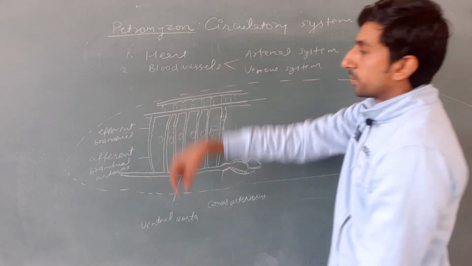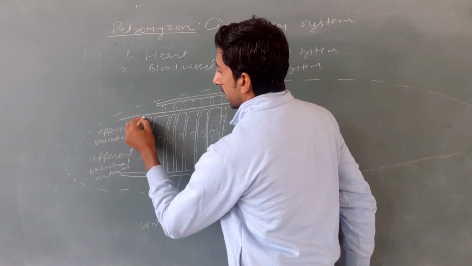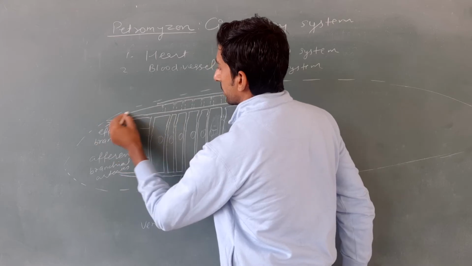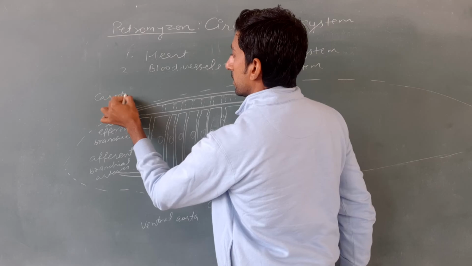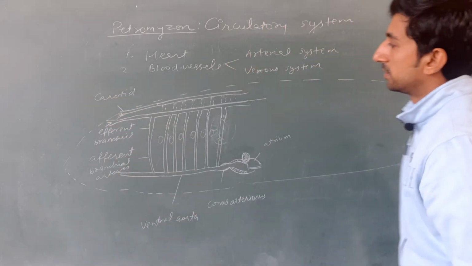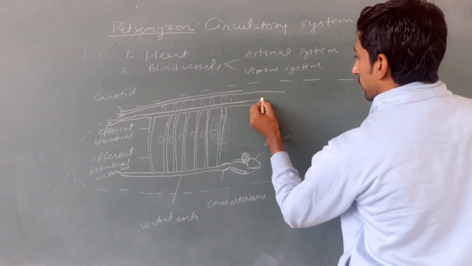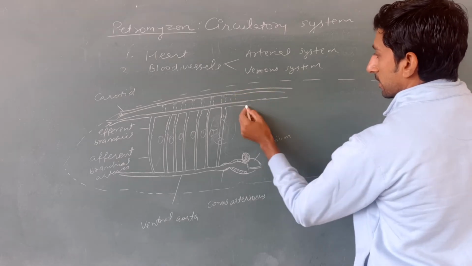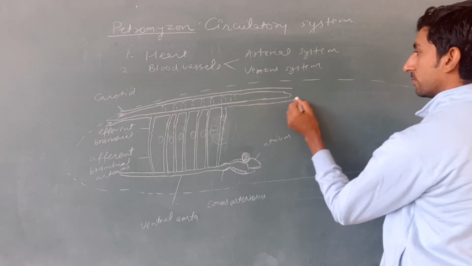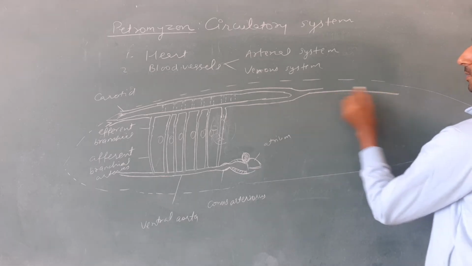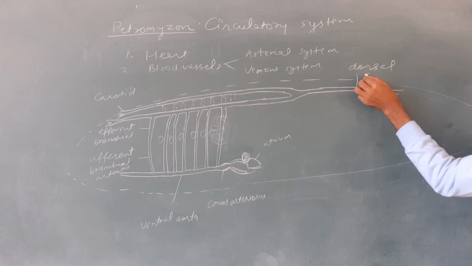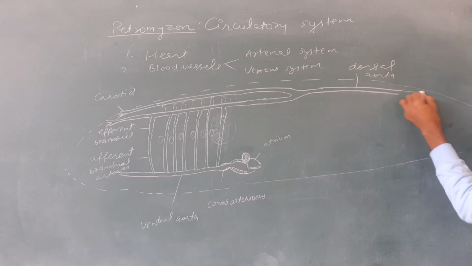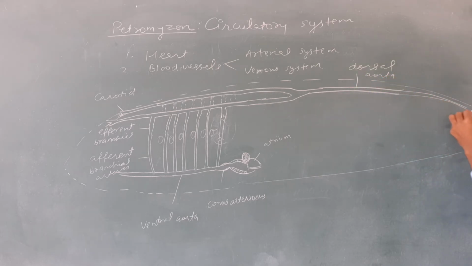These lateral aortae run anteriorly and divide in the form of carotid arteries which supply to the head region, and these run posteriorly and join to form dorsal aorta. This dorsal aorta moves posteriorly up to the tail region.